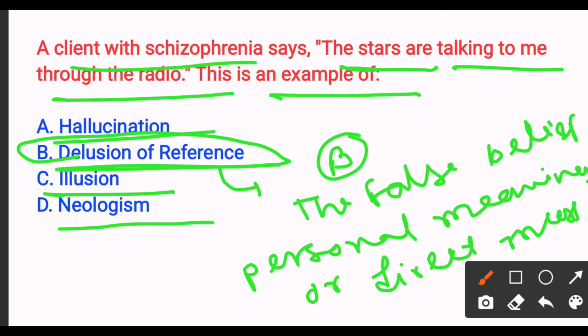Illusion is when a stimulus is there and the patient misinterprets it. Hallucination means the thing is not there but the patient thinks it exists.